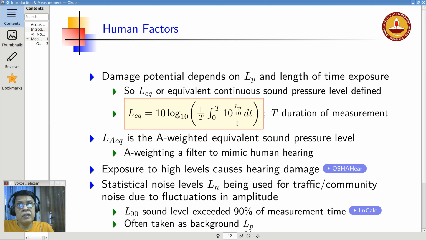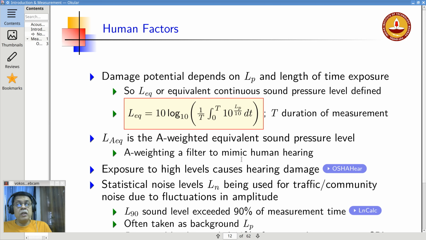The sensitivity to different frequencies is different. Unlike a microphone, which is designed by human beings to pick up the sound, so it has a flat sensitivity, hopefully. Whereas your ear doesn't process in the same way. We will see that subsequently. So the LA equivalent is basically the A-weighted sound pressure level. We will see this shortly.